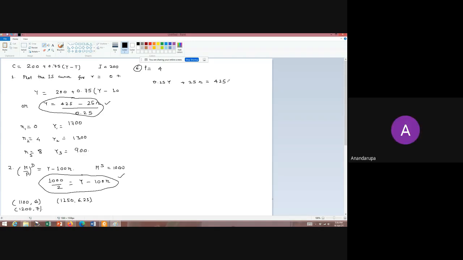Sir, M is 1200, what does this come to? It comes to 300. Here, what is Y? So instead of 1000 by 2, it is 1000 by 4. So 1000 by 4 is 250.